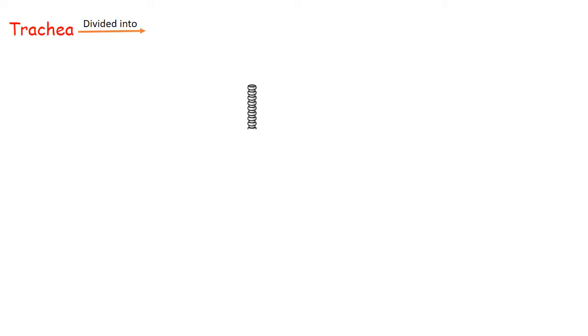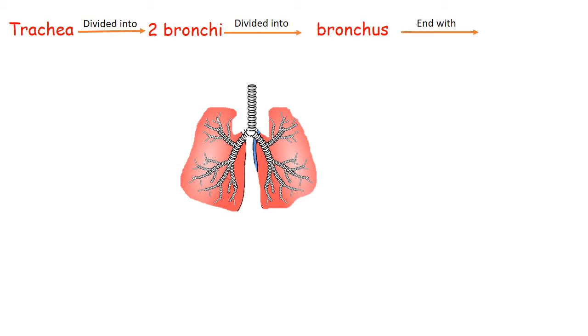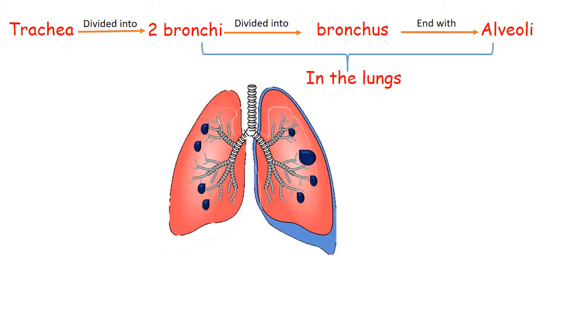The trachea is divided into two bronchi. Bronchi are divided into bronchioles, which end with alveoli. Bronchi, bronchioles, and alveoli are all inside the lungs.